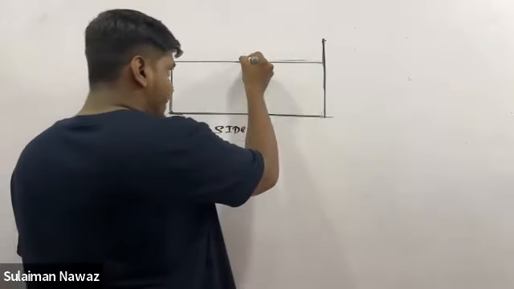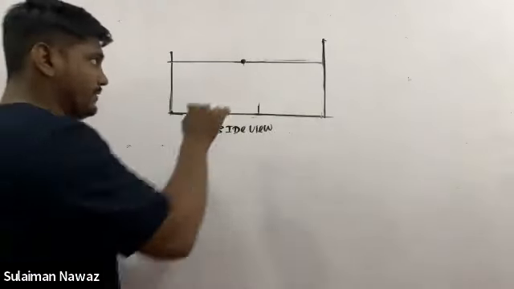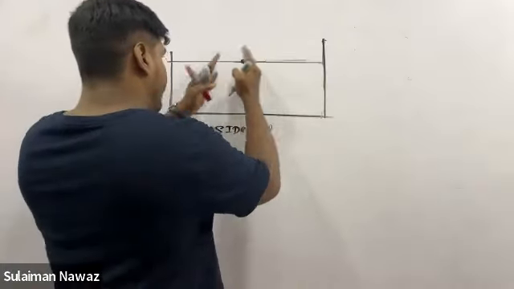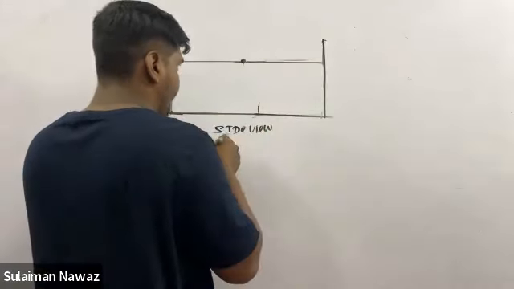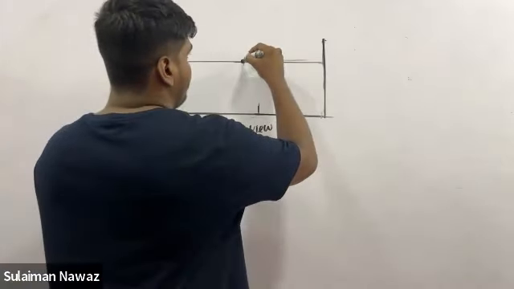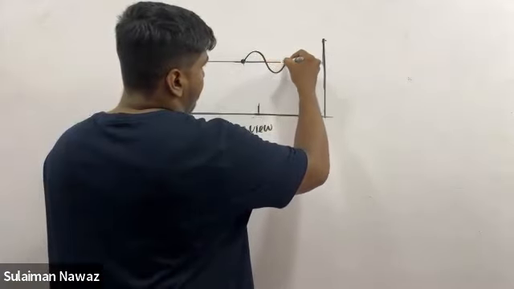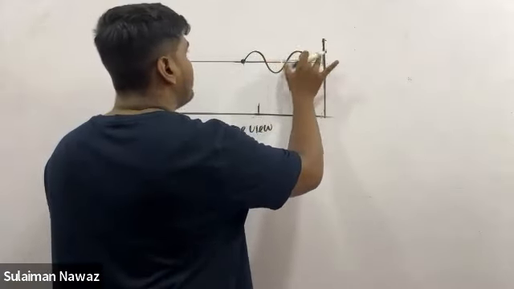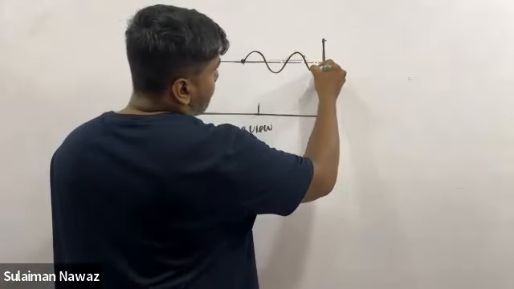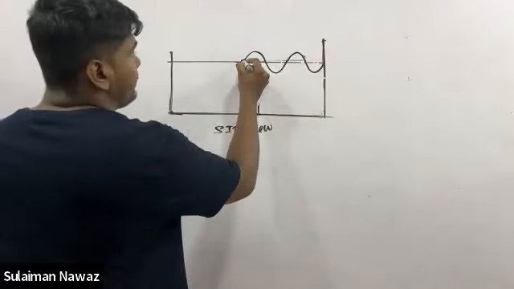Let's say here is my point of vibration. Then you will observe that water waves are propagating away from the point of vibration. When someone is looking from this side, it appears in this way.